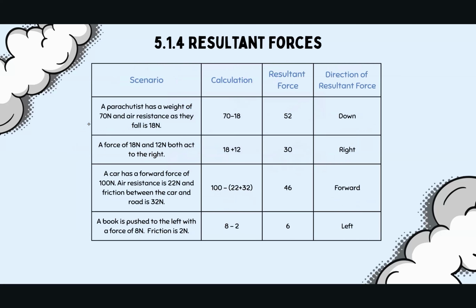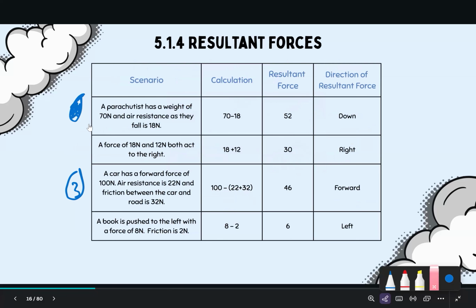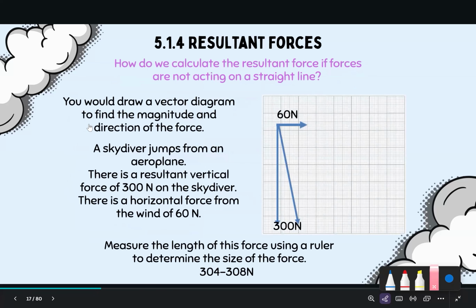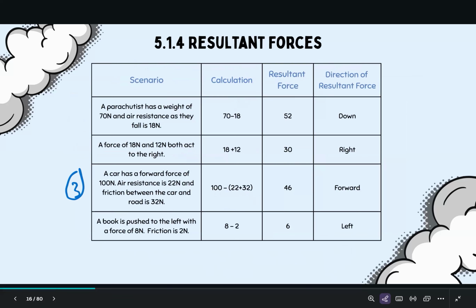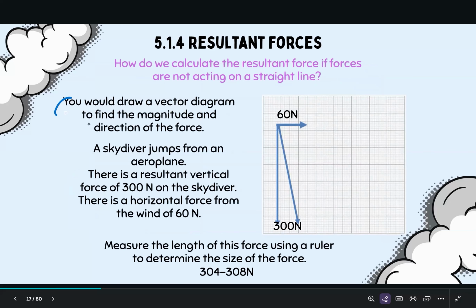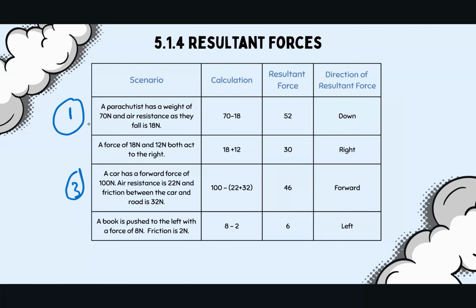So here are some practice questions that you can try in your own time and you can cover them up. But let's go through this one and let's go through number 3 as well. Number 1 says, a parachutist has a weight of 70 newtons and an air resistance as they fall of 18 newtons.